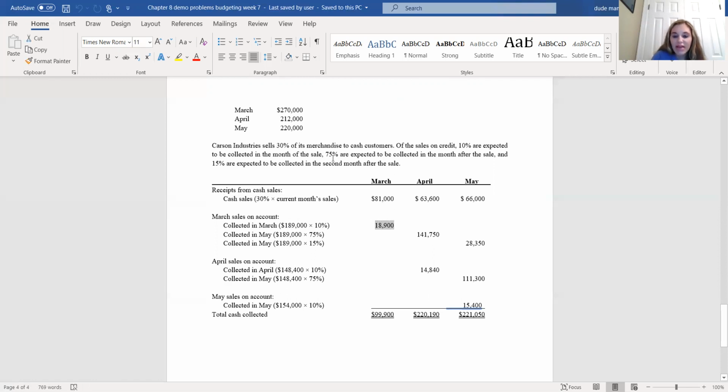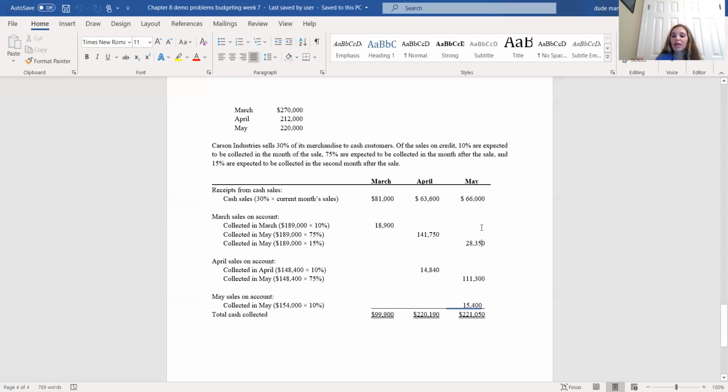Now remember here, it says 75% will be collected in the month after sale. So if these were the March sales, then 75% of the 189,000 would be collected in April. And then the remaining 15% is collected 2 months after the sale. So this would be collected in May.